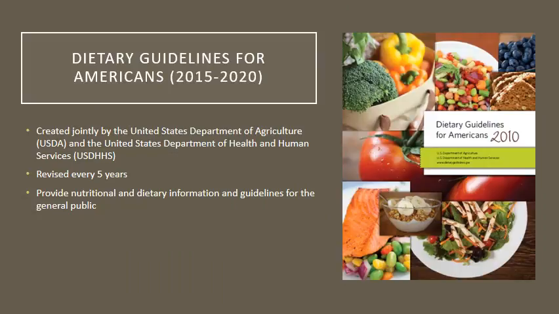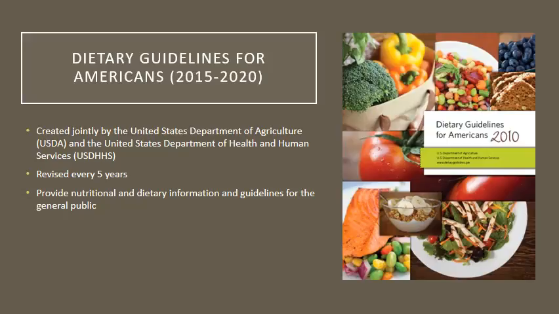So then we have the Dietary Guidelines for Americans. So this is something that is published jointly by the United States Department of Agriculture, the USDA, and the United States Department of Health and Human Services. So where the IOM is a non-governmental body, so publishing information without necessarily interacting with the government, the DGAs come specifically from our federal government.